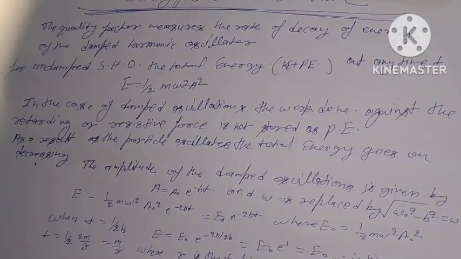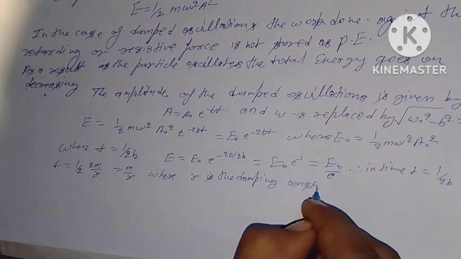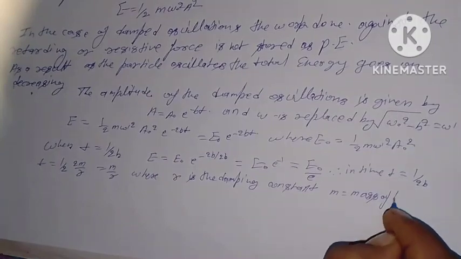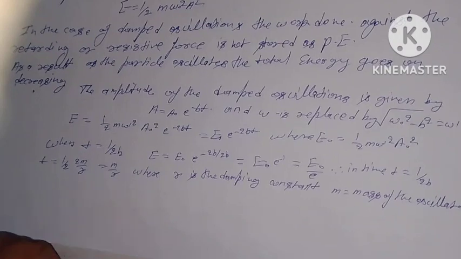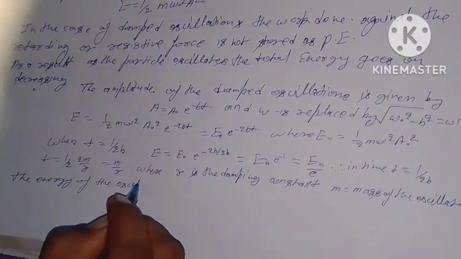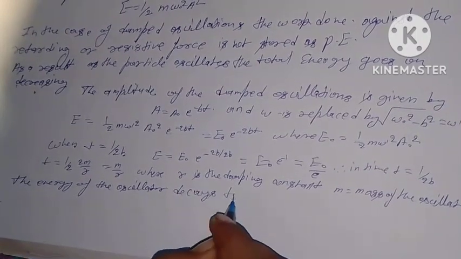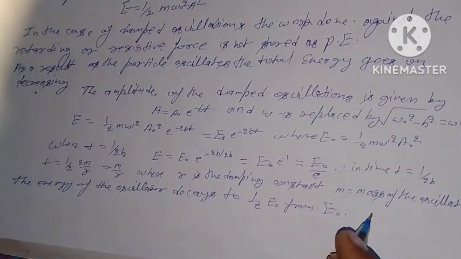and m is the mass of the oscillator. The energy of the oscillator decays to E naught by e from E naught.